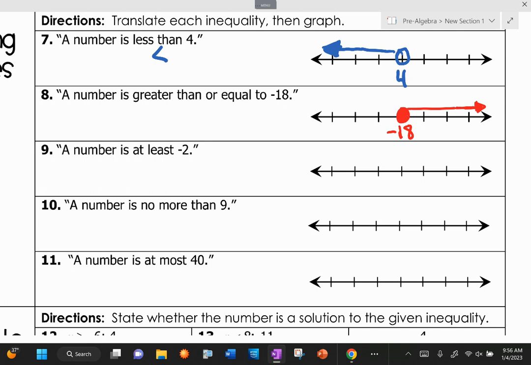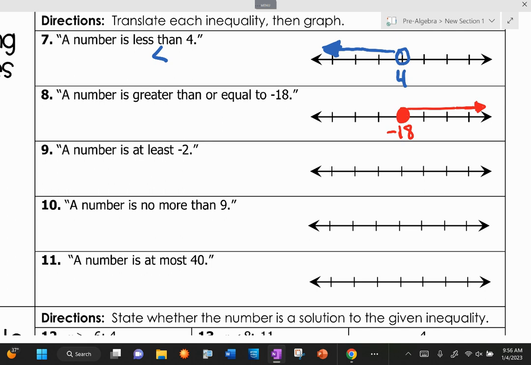Okay. Number 9 might be a little tricky. It always helps me to remove myself from working on a math worksheet and just think about what it said. It said a number is at least negative 2. If I have 3 writing utensils, I would say right now I have at least 3 writing utensils.